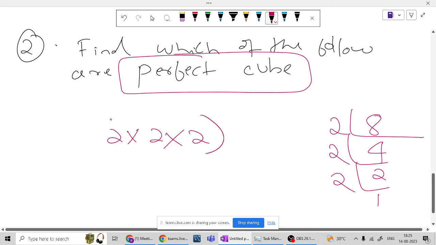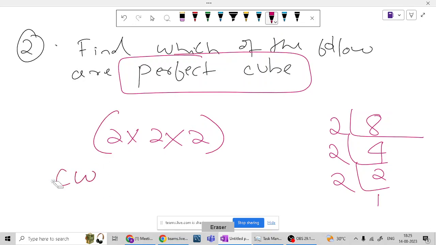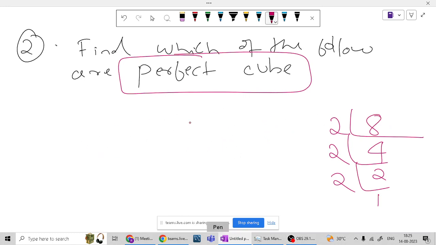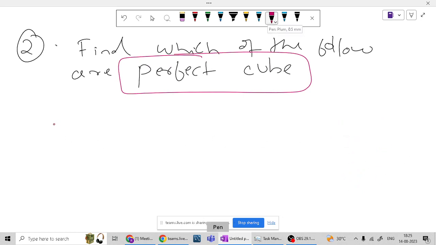So this entire thing is a cube root, so the degree should be thrice. 2 cube is nothing but 2 to the power of 3. We got 3 times. Is this a perfect cube or not? It is a perfect cube. 8 is a perfect cube.